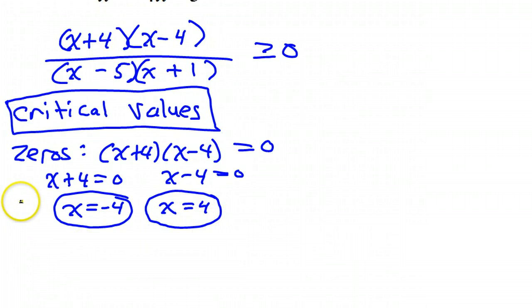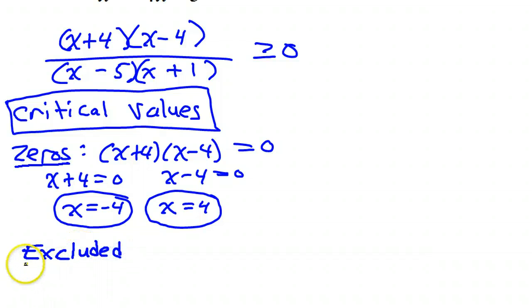Now, let's talk about excluded values. So we did the zeros. Now, excluded. The excluded values are the values that would cause a 0 denominator. So looking at this x minus 5, I know that x cannot equal positive 5.